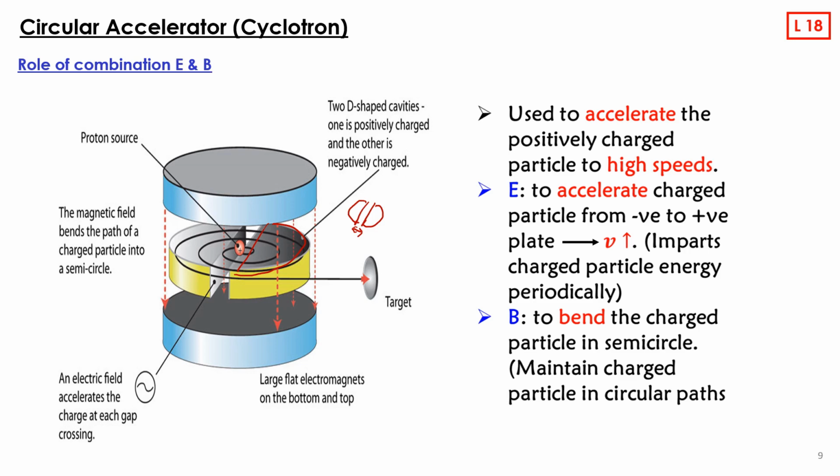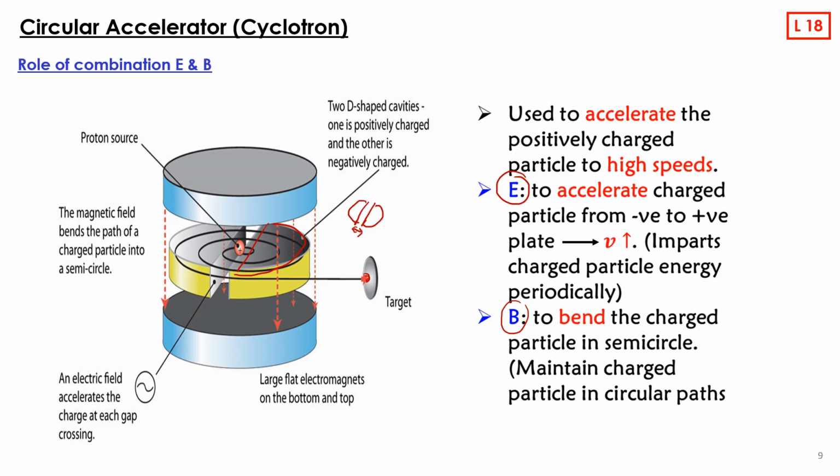In between the gap, it is connected to an alternating power supply, which will produce an electric field that serves as an accelerator to accelerate the charge at each gap. At the end of this arrangement, there is a fixed target where the charge will hit the target to be detected. So the electric field is used to accelerate the charged particle, and the magnetic field is used to bend the charged particle in a semicircle.